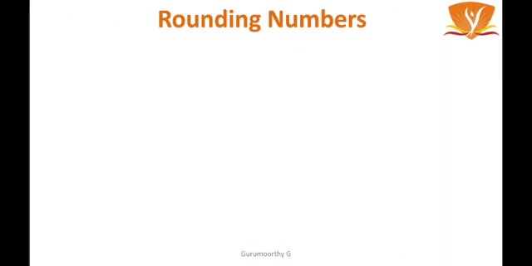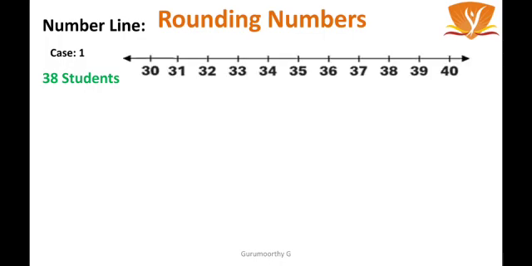A simple example: there are 38 students in our class. If someone asked approximately how many students are there, then you can say about 40 students. Is it the right estimation? Let us use a number line to represent the numbers from 30 to 40.